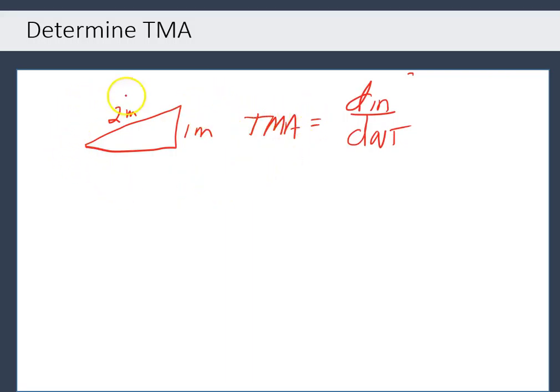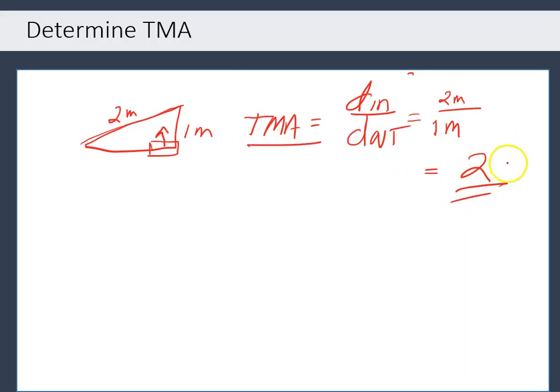Now, ramps are pretty abstract because we don't see anything being raised up like this, but that actually is what your ramp is doing, is raising something through a height, and that's happening while you are dragging the object up the ramp. So in this case, your d in is the length of the ramp, 2 meters. D out is the height of the ramp, which is 1 meter, and so you're going to have a theoretical mechanical advantage of 2. Notice no units because it's just a ratio of distances.